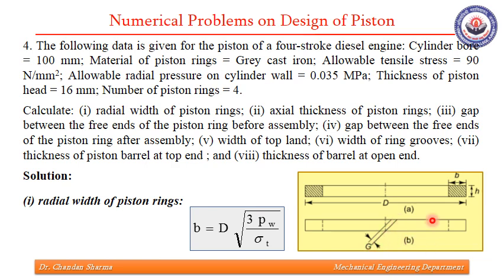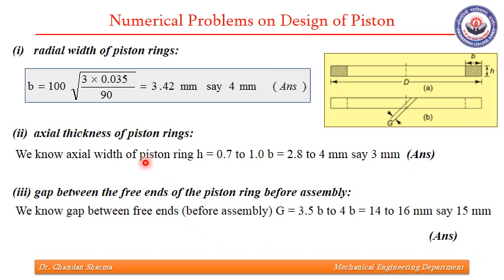So here we'll find B and we can convert H in the form of B. So B is given by D, the diameter of bore, PW is pressure, and sigma T is the permissible stress. When we put the values, our B comes out to be 3.42 mm, or we can say 4 mm. So the radial width of piston rings is 4 mm.